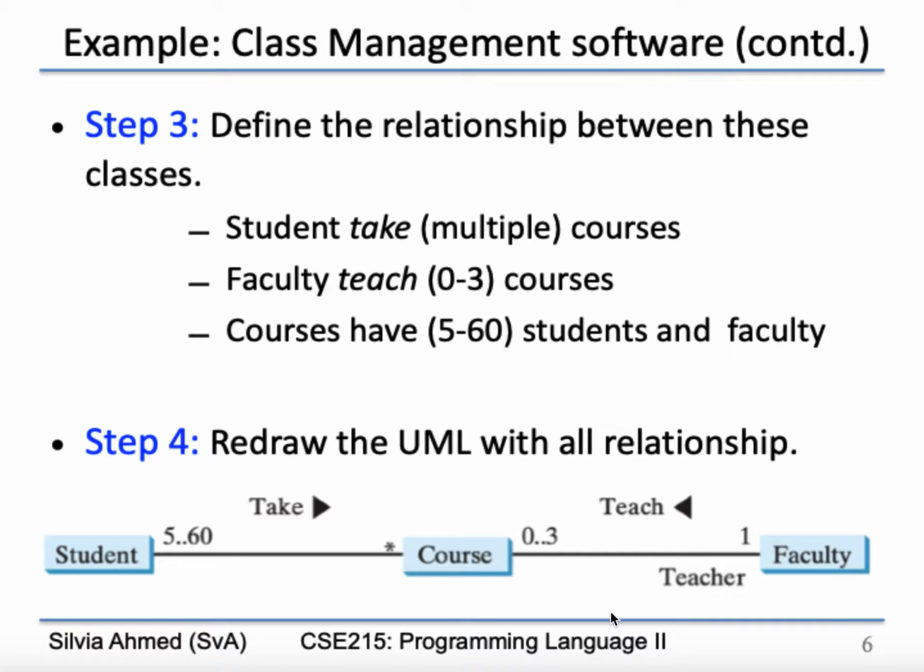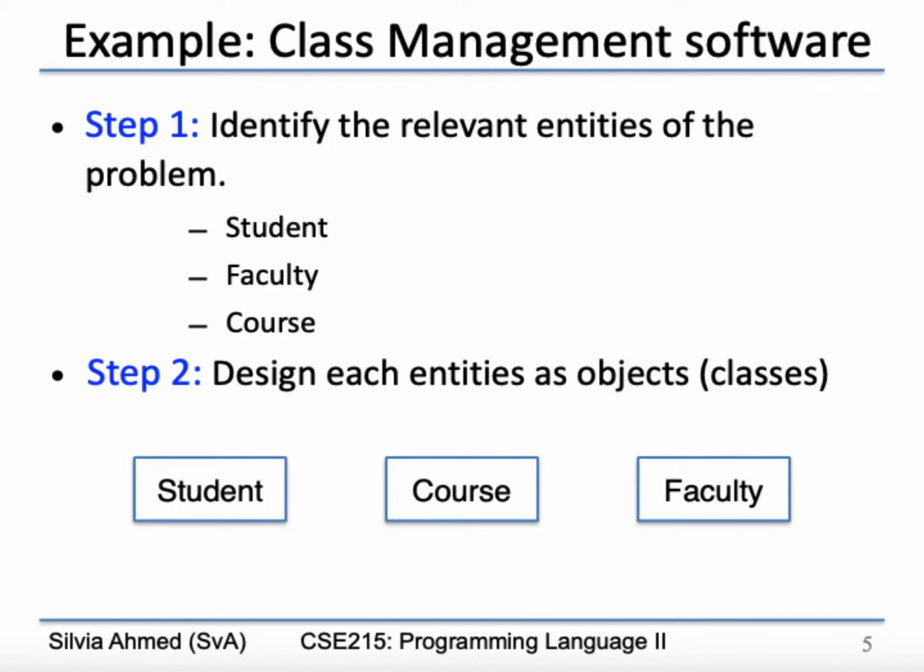In a class management software, the first step to design it is to identify the relevant entities of the problem. It is not the case that we have to get all the entities in our first attempt. This is rather a development process.